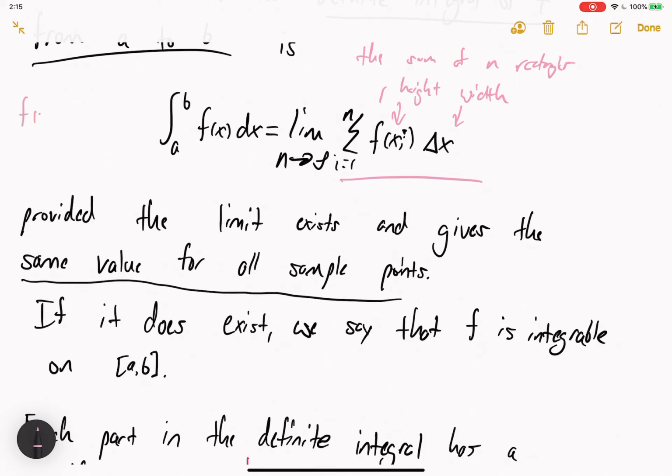And if you just want a quick example of why this doesn't work, we could take a function f of x, which is equal to 0 on the rationals. So let's say p and q are just integers. Then we say it's 0 if x is equal to p over q for some integers, and 1 if x is not equal to p over q.